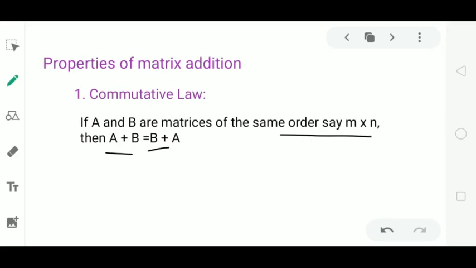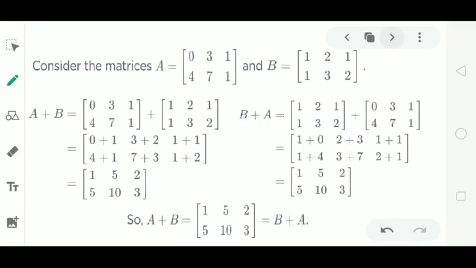Remember that we can define the sum of the matrices only if the matrices are of the same order. So first consider that the two matrices are of the same order, then their sum satisfies the commutative property, that is A plus B is equal to B plus A. Let us see the example.